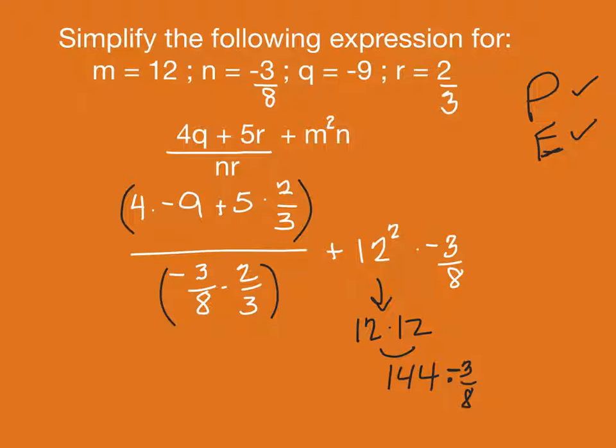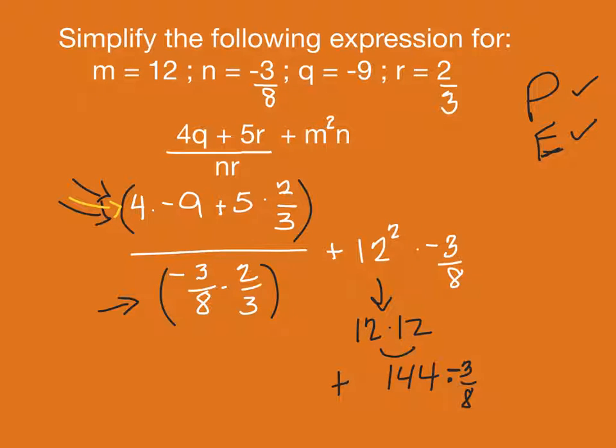Okay, so we did those exponents, and now we do want to start dealing with the two sets of invisible parentheses, if you will. I know that it seems like I'm doing more than one thing at a time, but I want to address this because it's a simple one. When I look at this top parenthesis here, I see that we've got 4 times -9 plus 5 times 2/3.